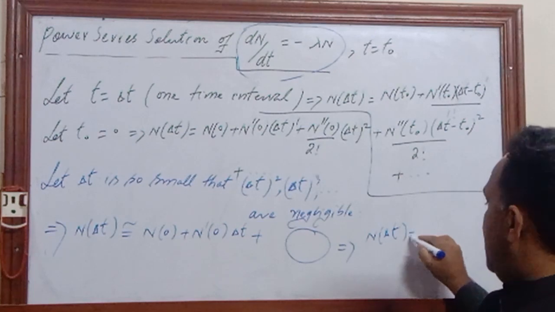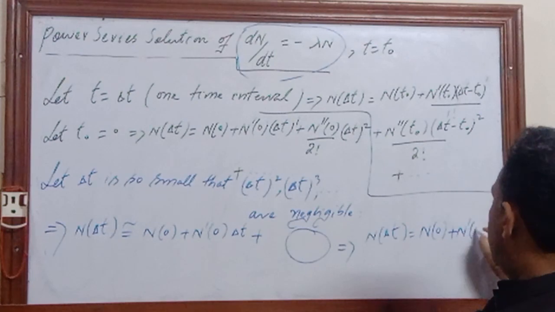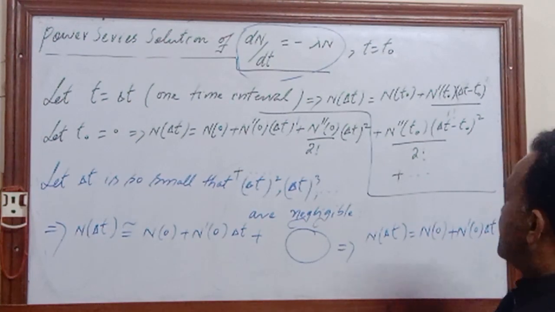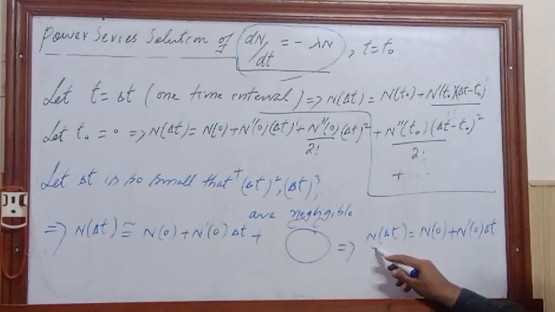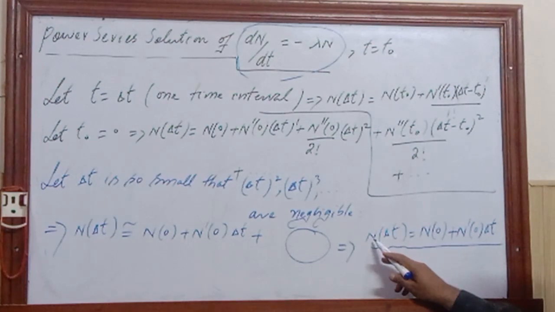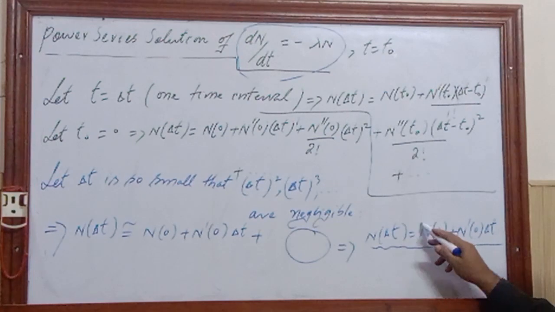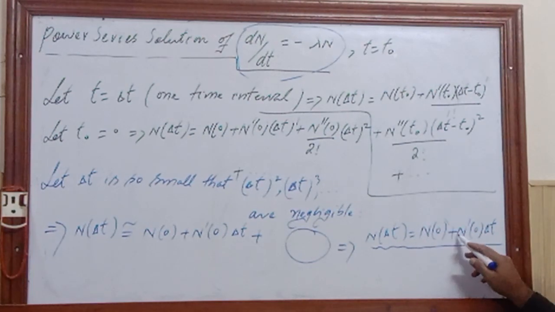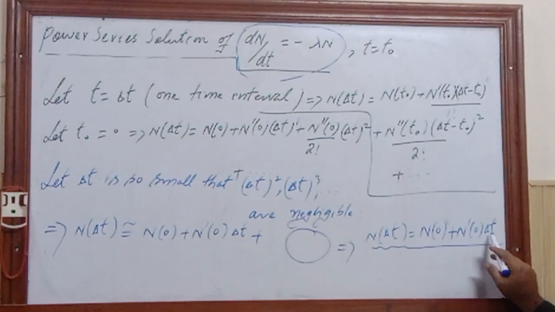N of delta t is equal to n of 0 plus n dash of 0 delta t. Okay, so that means this equation is telling us that the number of radioactive nuclei after time delta t, after one time interval, can be found by putting the value of the number of nuclei at the start plus the value of the derivative of capital N at t is equal to 0 multiplied by delta t.